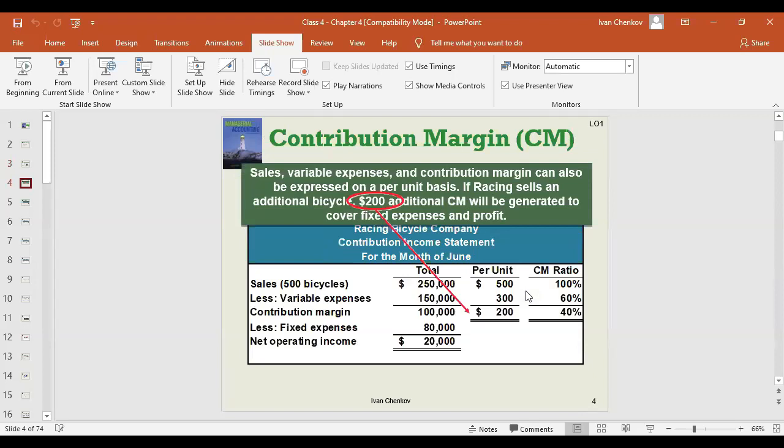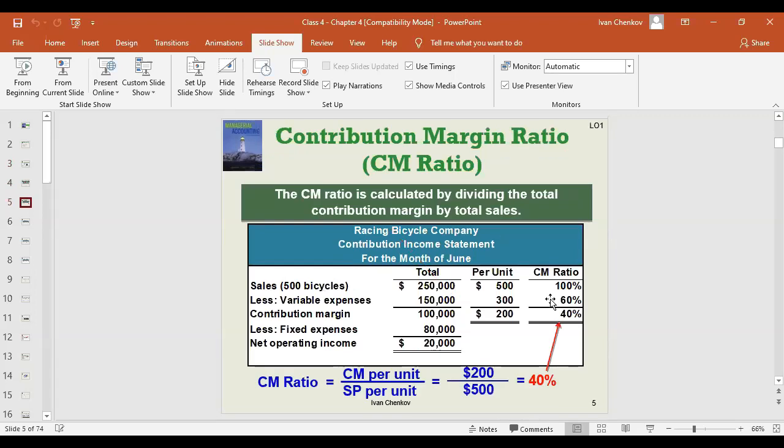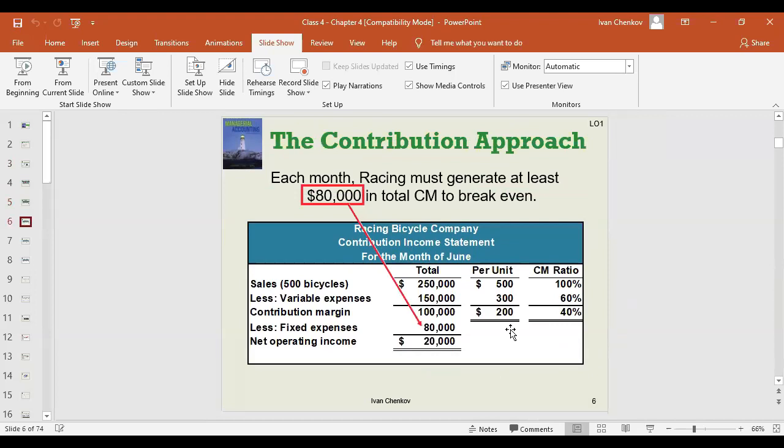So let's see what happens here. They come up with the sales price per unit, variable cost per unit, contribution margin per unit, and get the ratios. Once you get those two, you can calculate whatever you want. Now, how do we calculate the ratios? For the ratio, contribution margin divided by the sales, because sales are always 100%.